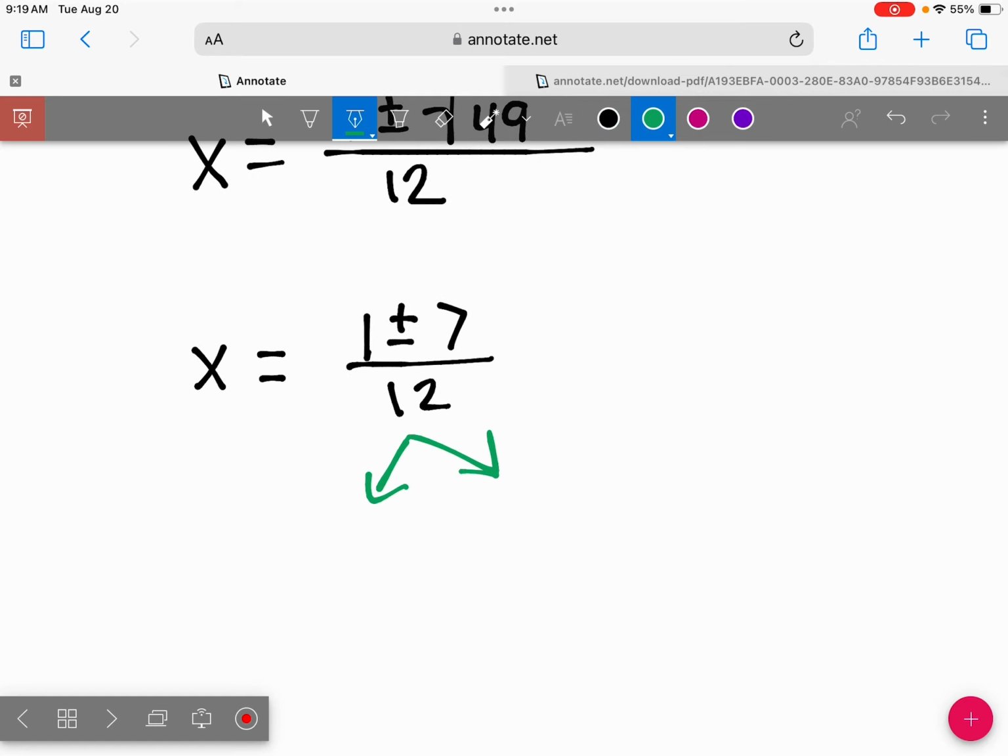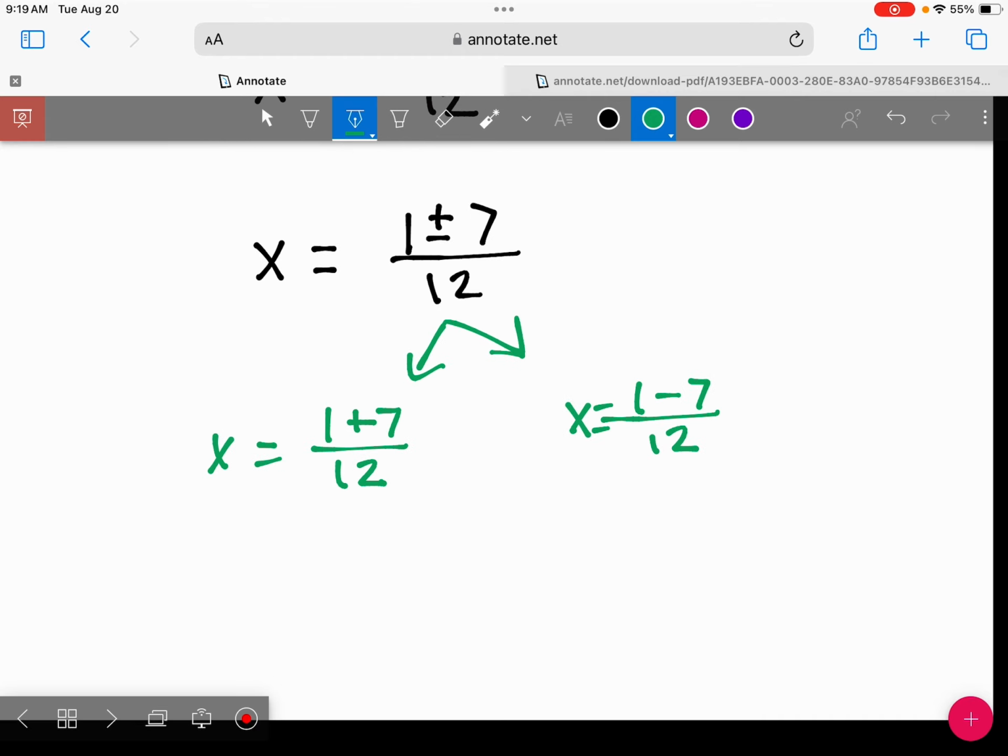Split it out. We're going to have 1 plus 7 over 12, and we're going to do 1 minus 7 over 12. So one of my answers is going to be 1 plus 7, which is 8 over 12, which simplifies down to be what? 2/3.